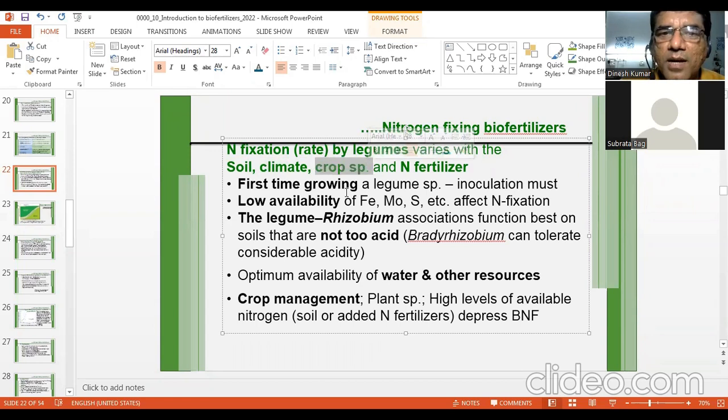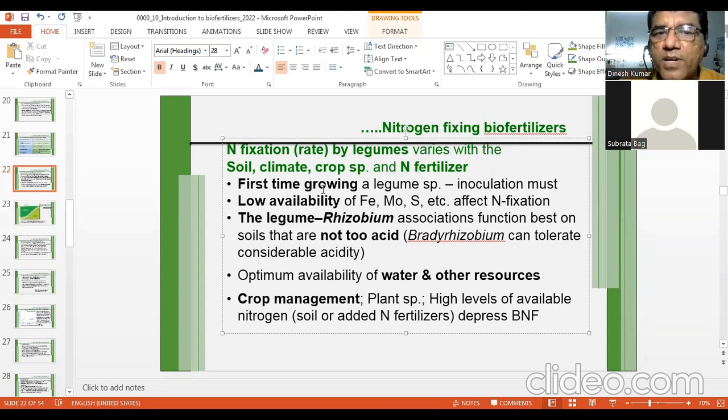Definitely the amount of nitrogen fixed by one species may not be same as the other species under identical growing conditions. And N fertilizer. How this N fertilizer will affect the N fixation, I will show you later. How the rates of fertilizer affect this nitrogen.